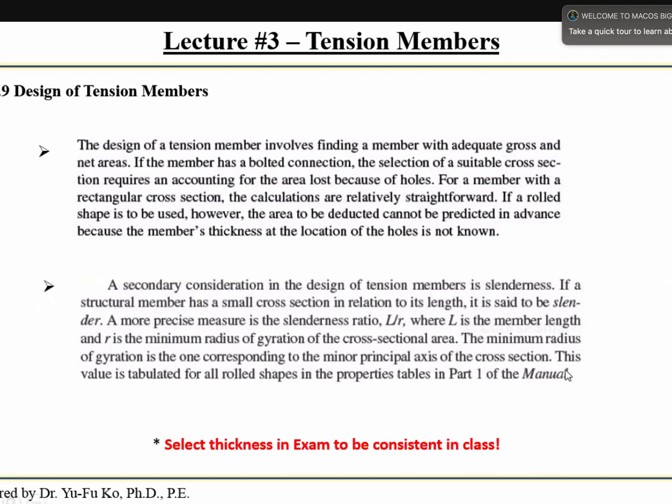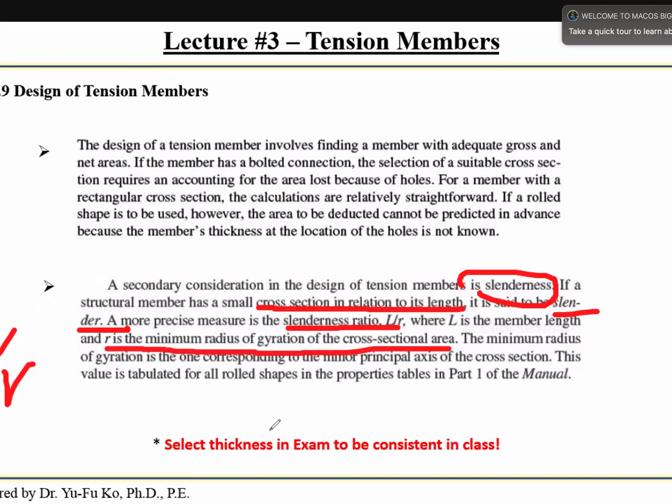A secondary consideration in design of tension member will be slenderness. If a structural member has a small cross-sectional area relative to the length, we call the slenderness ratio L over r. L is the member length. r is the minimum radius of gyration of the cross-sectional area.